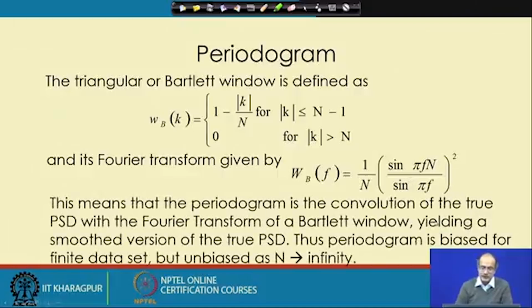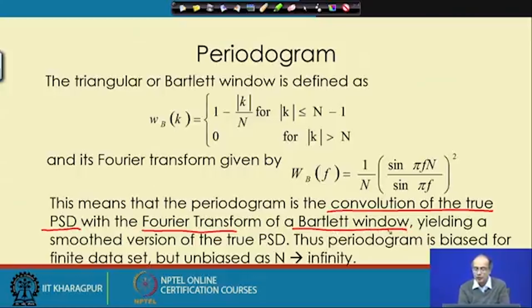So, this means our periodogram is a convolution of the true PSD with the Fourier transform of the Bartlett window, and what convolution gives us is a smeared view.